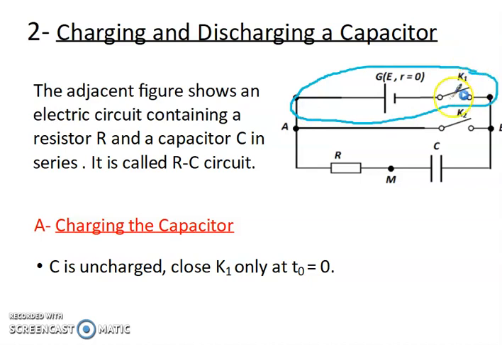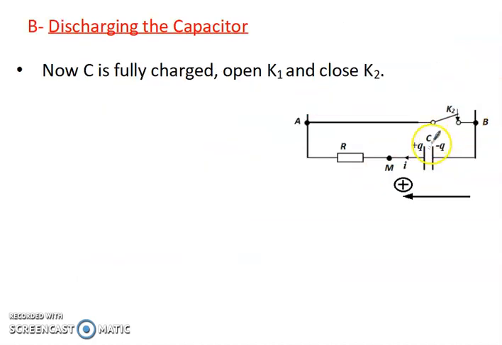Because K1 is opened, so the battery is separated, and K2 is closed. So you have eliminated practically this part. But remember, your capacitor is full of charge. Here we have the positive charge, and here we have the negative charge. Clear? Remember. So we start studying it.